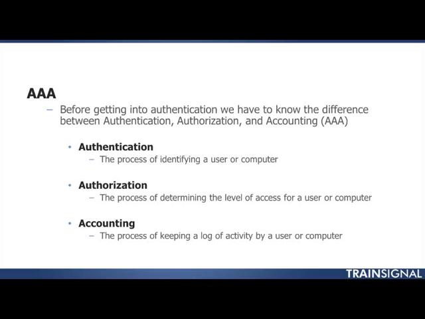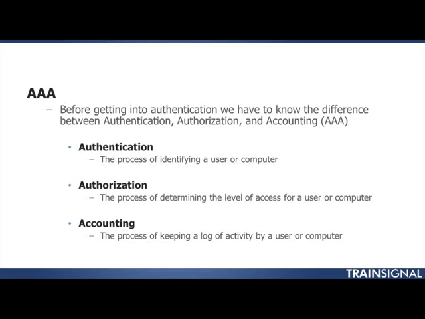Now, the third A is accounting, and this is the process of keeping a log of activity by that user or computer. There are many different types of accounting that we can talk about in different areas of computer networking, but here it has a lot to do with keeping track of when somebody has logged on to a network and how long they were there for.